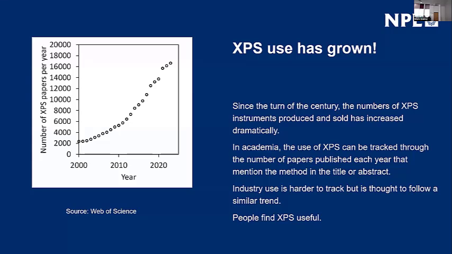That's a growth of tenfold. That tells us what academia is doing, but I'm pretty sure this is also mimicking what's going on in industry. Industry is also using this because it's important for a lot of technologically important materials, such as battery materials and semiconductors. So XPS use is growing.